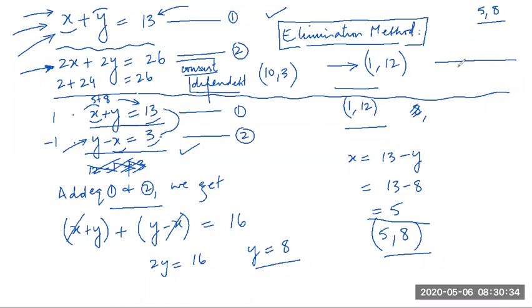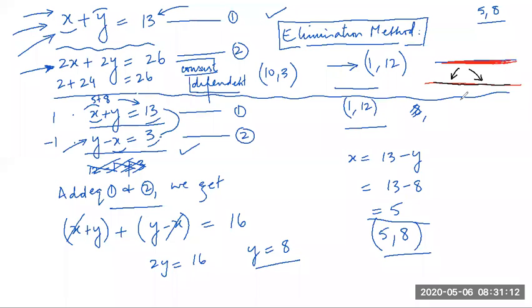The line of the second equation will coincide. Beautiful, very right. Let's say red is the line of the first equation and black is the line of the second equation. Both are coinciding, so all their solutions are common solutions.